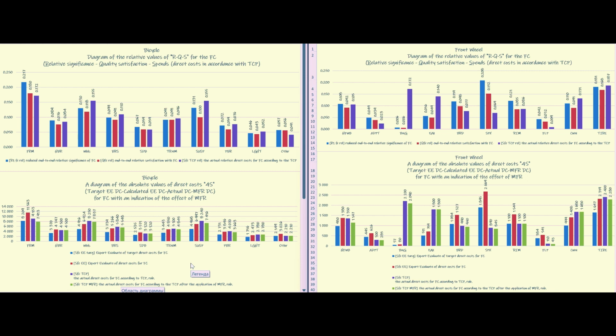The 4S diagram can be used in the decision-making process on measures to reduce the cost of the product being developed or put into production. The details of the process of filling out the standard calculation form and the construction of the RQS and 4S diagrams were omitted in this issue.